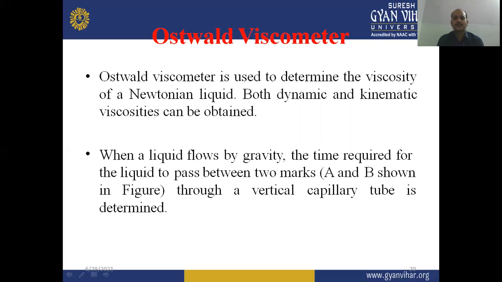When a liquid flows by gravity, the time required for the liquid to pass between two marks, as we saw in our figure, points A and B, through a vertical capillary tube is determined.